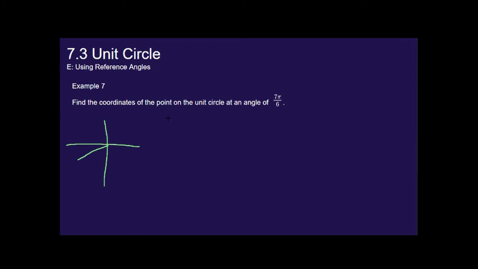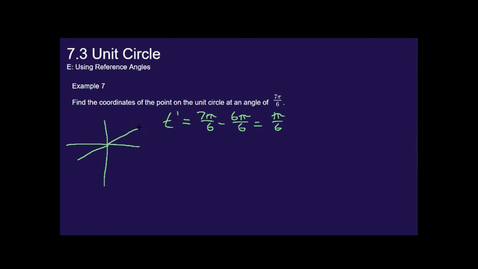What we're going to do is find our reference angle: 7 pi over 6 minus 1 pi, which is 6 pi over 6. That leaves us with pi over 6. So our reference angle is pi over 6.